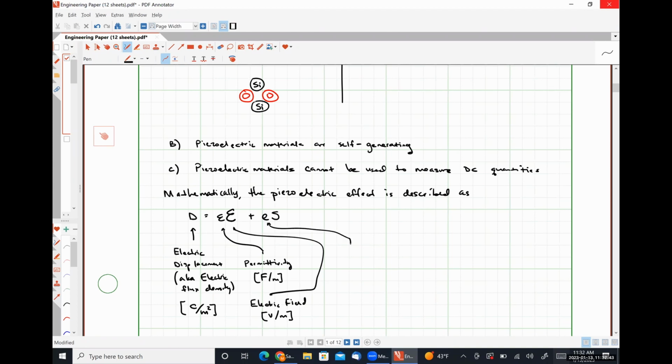This lowercase e is the piezoelectric coefficient, which has units of coulombs per meter squared.